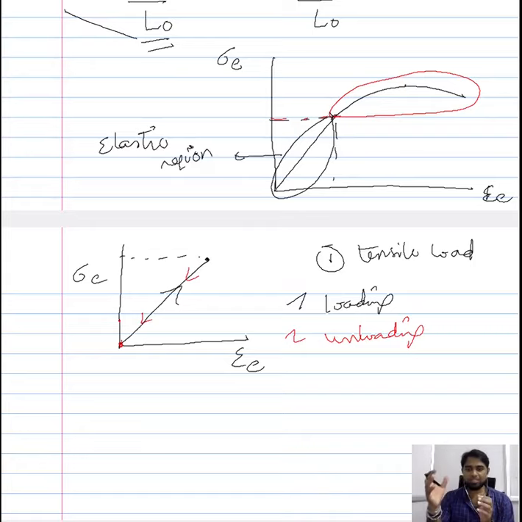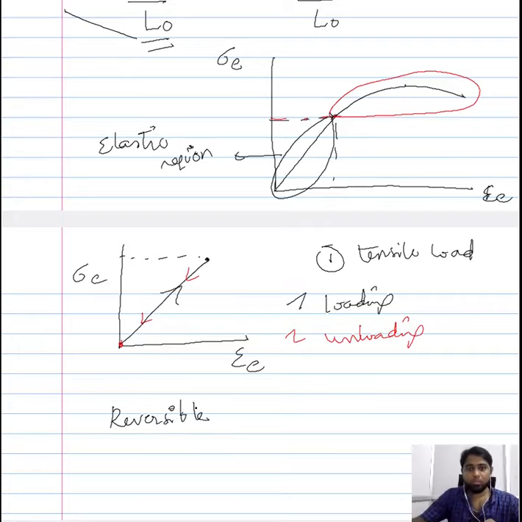So within the elastic region, when I am loading and unloading, the path remains the same, and I get back to the place where I started. Therefore, in this elastic region, whatever changes we observe are reversible.